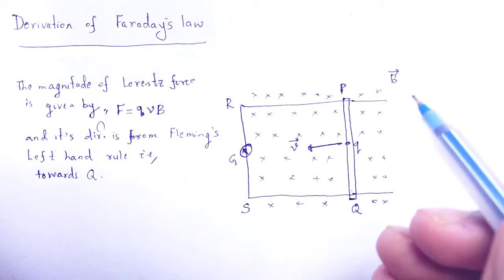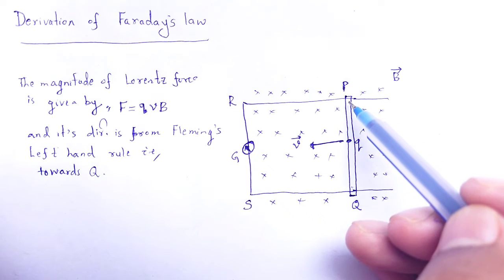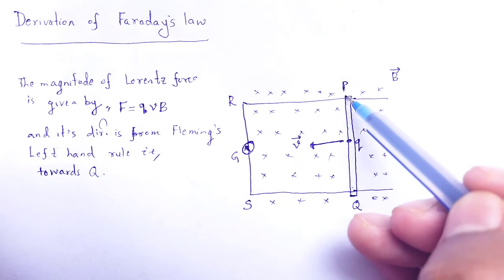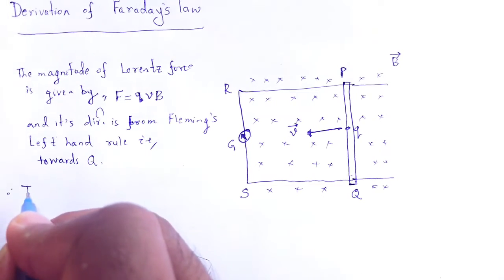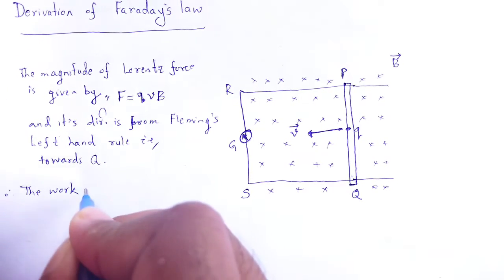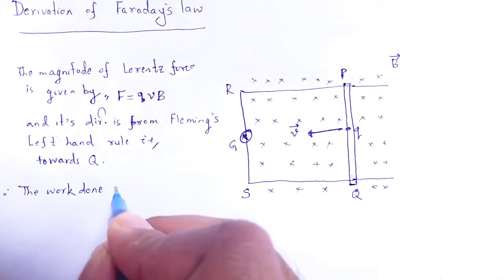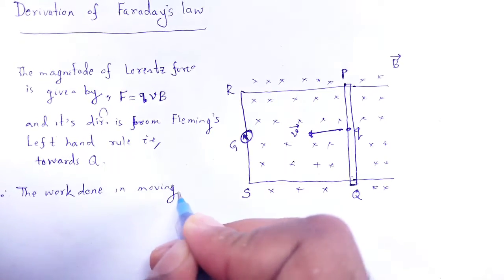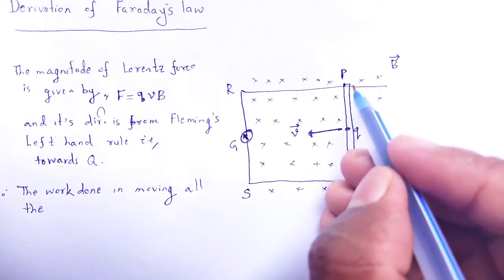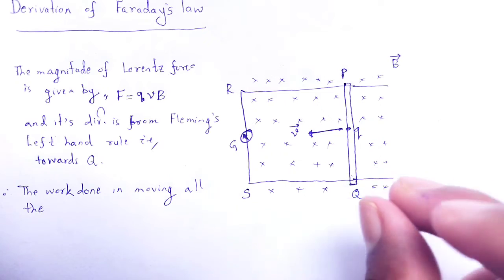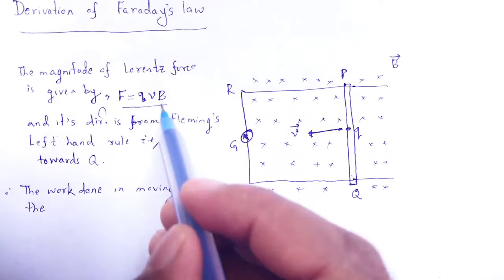Now, the work done in moving all the charge carriers from point P to Q. Since we take PQ as a conductor, there will be so many charge carriers. As you take one of the charge carriers Q, the force experienced is given by that equation.